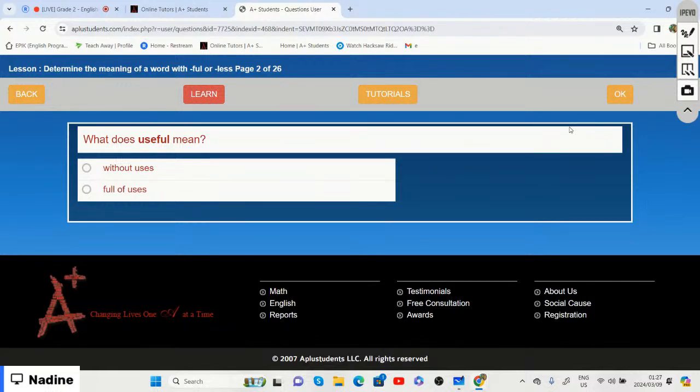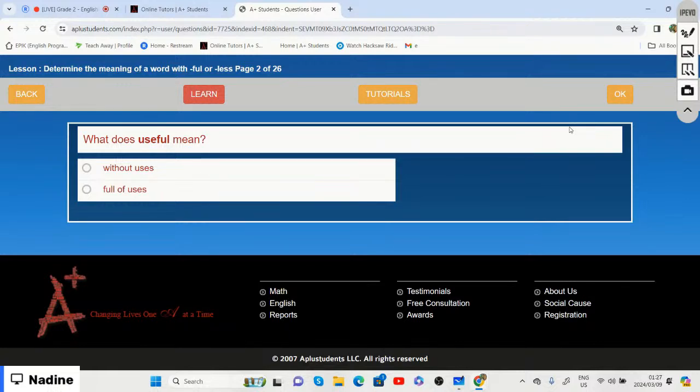So which means that we have the word full with our word use. So useful. Is it full of uses or without uses? All right.